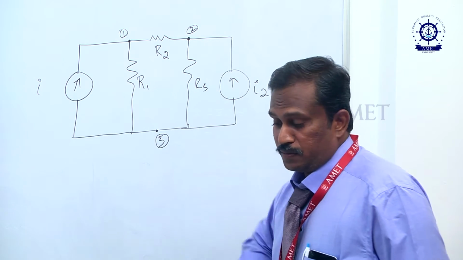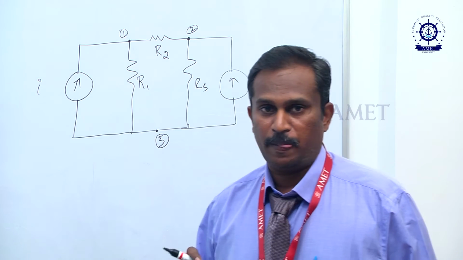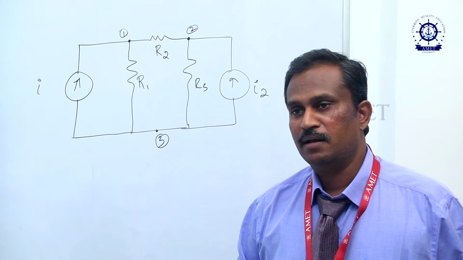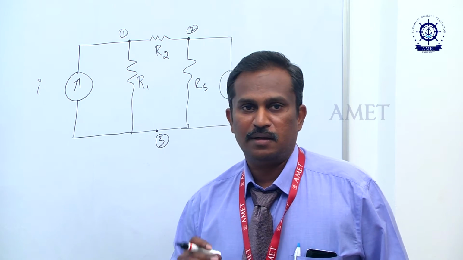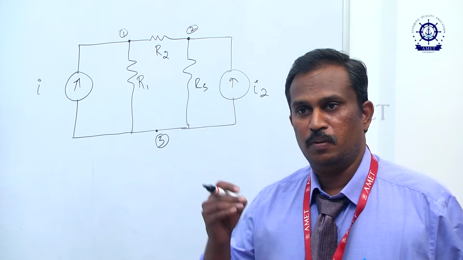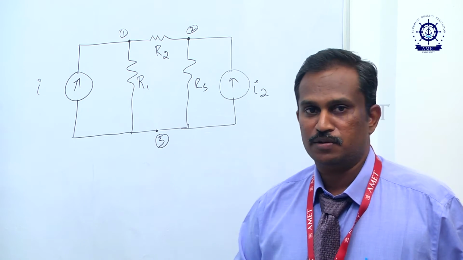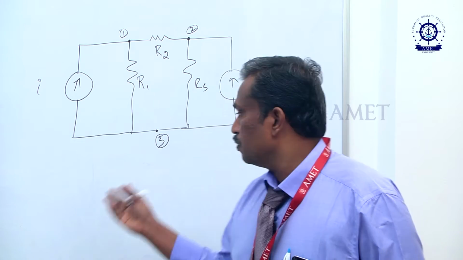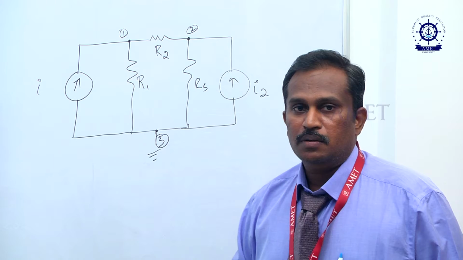Among these 3 nodes, you have to select one node as the reference node. The other nodes are called non-reference nodes. How to select the reference node? Generally, the ground node is selected as the reference node, or the node at which more elements are connected can be taken as the reference node. Generally, people take the bottom node as the reference node. So we will consider this node as the reference node.